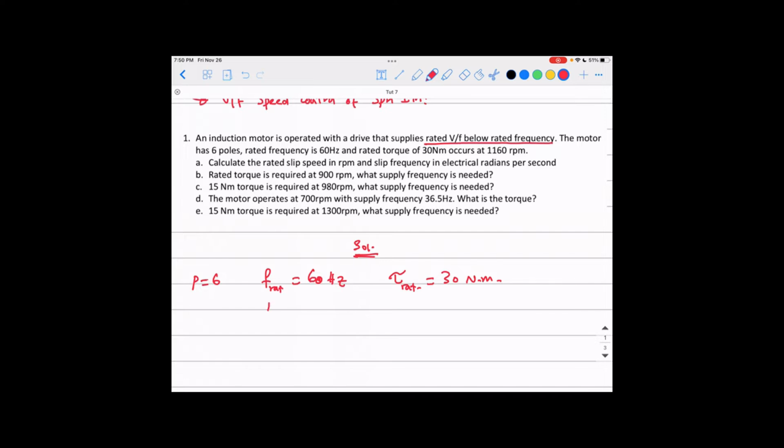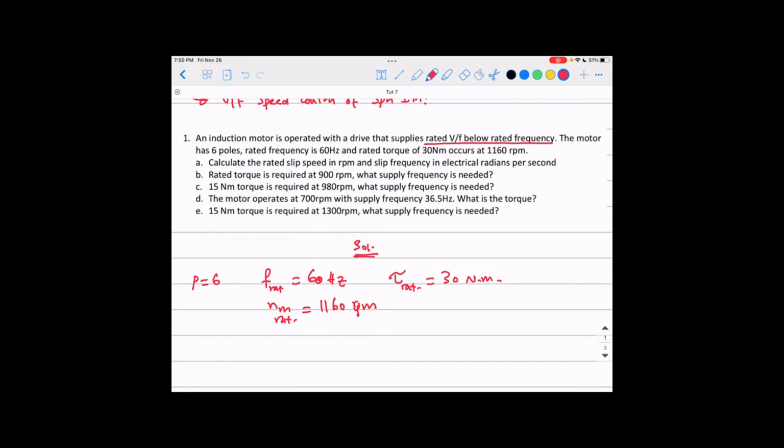That means N_m rated is 1160 RPM, because he's saying the rated torque occurs at that speed, and that is the rated speed actually. Basically the rated speed is the speed of the rated load, which is expressed by the rated torque here.